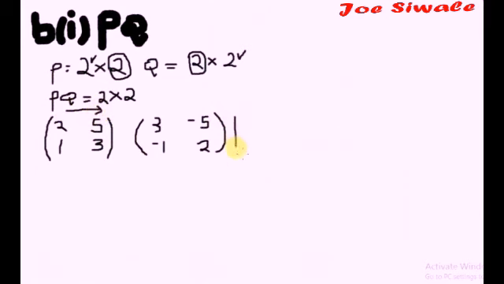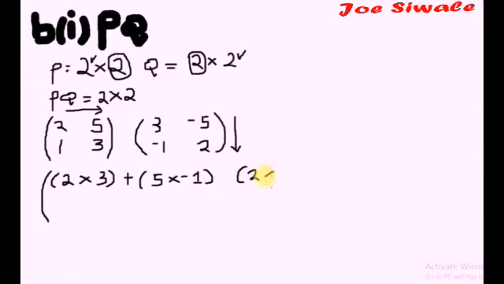Then I'll use row by column to multiply these two matrices. I'll say 2 multiplied by 3, plus 5 multiplied by −1. Then 2 multiplied by −5, plus 5 multiplied by 2.